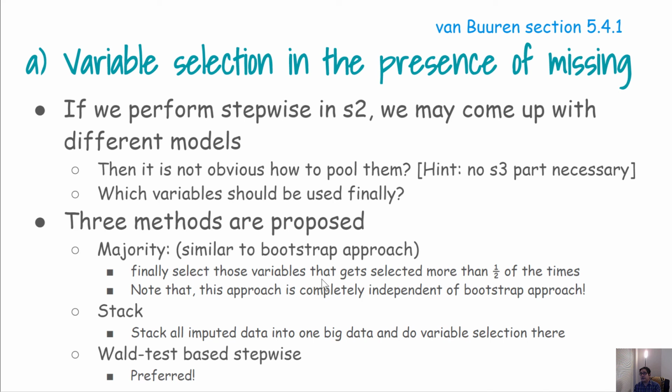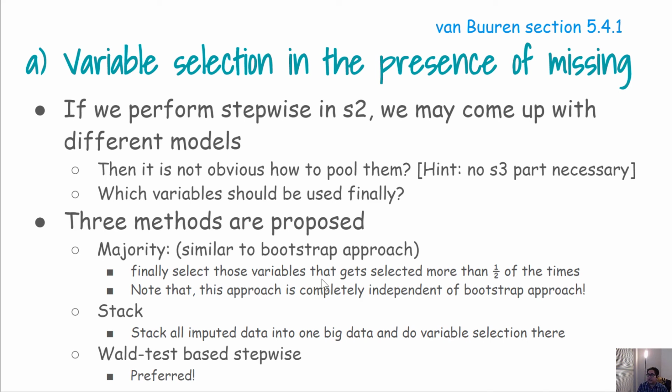So if you have 100 imputed data sets, and in those 100 data sets you run a stepwise regression, say for example, and then try to see in how many of these imputed data sets one particular variable, say age, was selected.